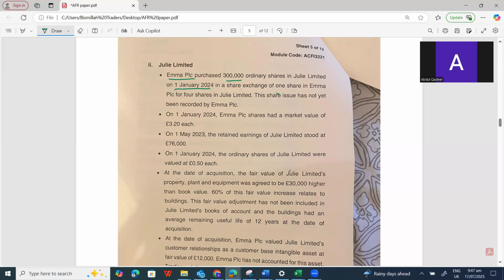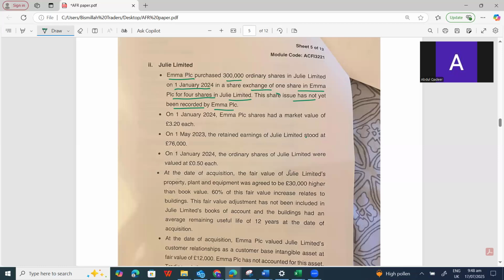This was in a share exchange of one share in Emma Public Limited Company for four shares in Julie Limited, a one-for-four exchange ratio. The share issue has not yet been recorded by Emma Public Limited Company.